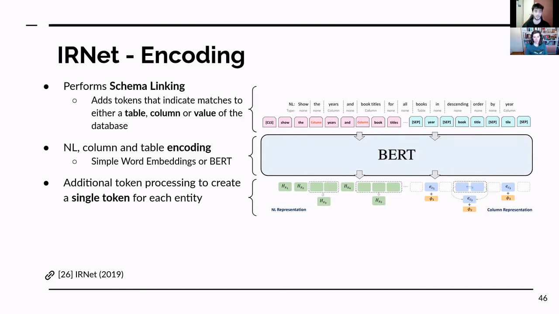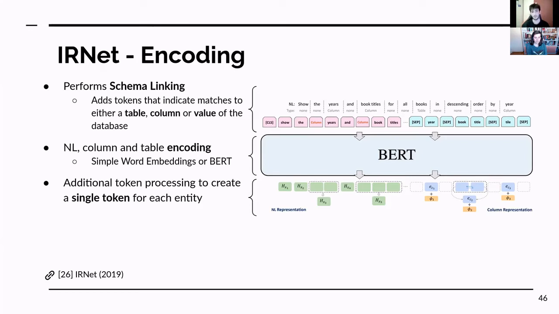So in this example, we can see that the word years was matched to a column name of the database, and IRNet marks this match by adding an additional token before the word. So it creates an input similarly to the systems we saw before by starting with a CLS token, then the natural language question with the additional schema linking tokens.